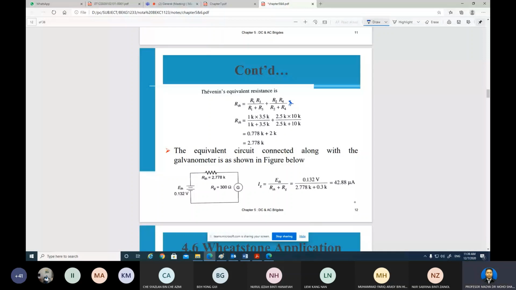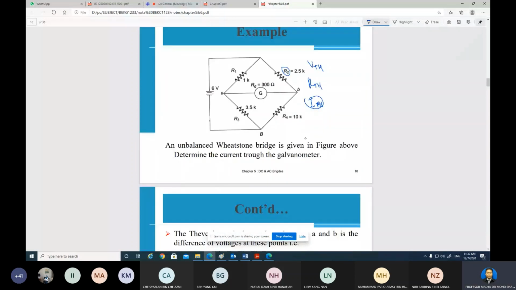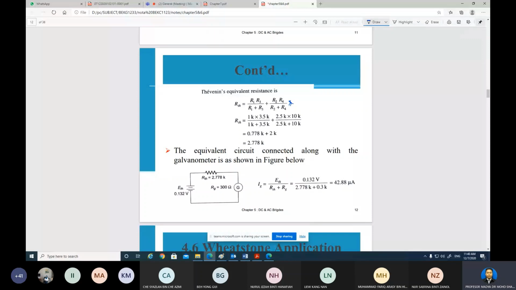You can see the position of R2 and R3: this is R2 and this is R3. And then we calculate, and we get the Thevenin resistance of 2.778 kilo ohms. That is the resistance Thevenin.